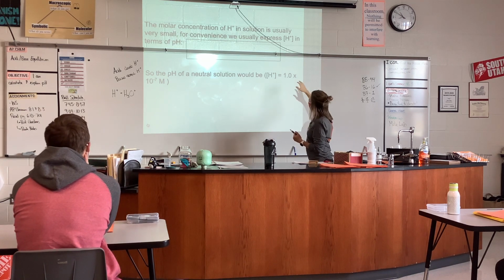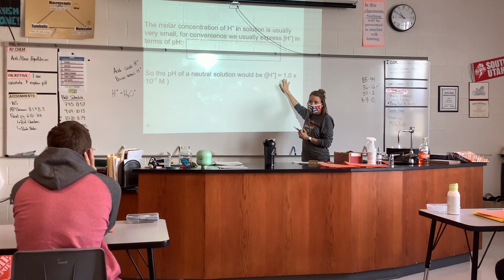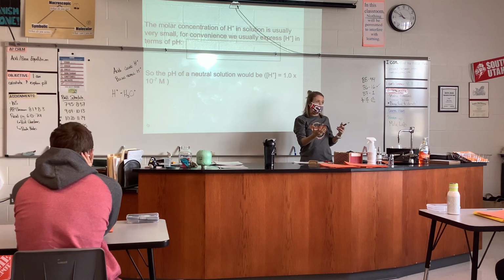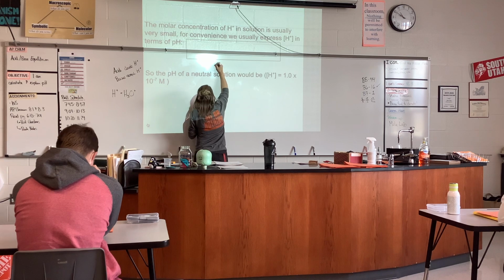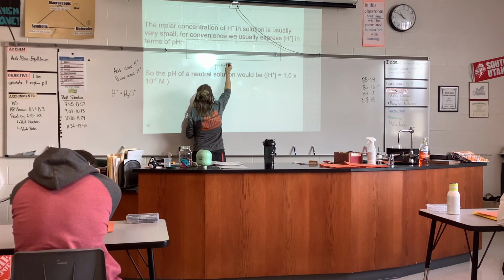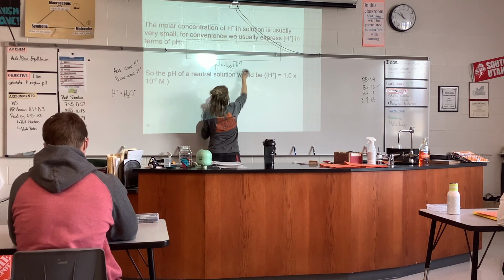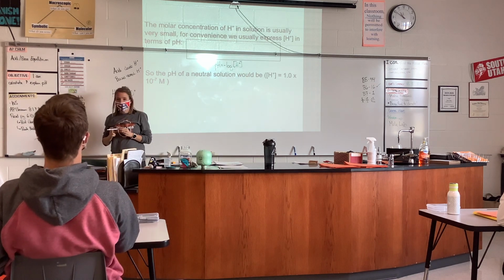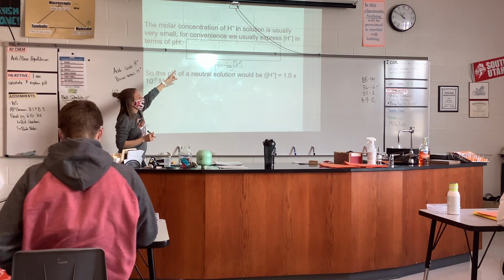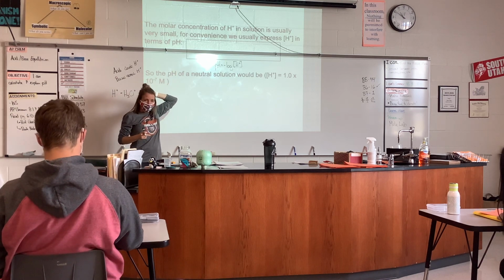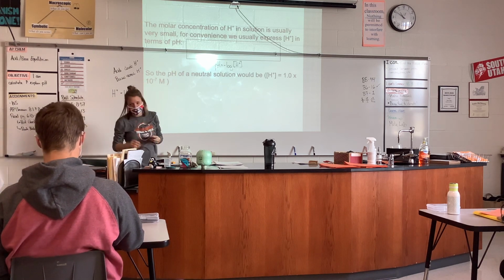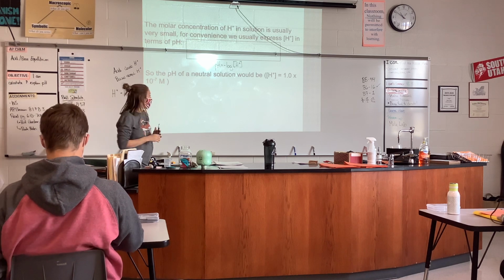Primarily, it takes things out of concentration and into just a number. So to find pH, and this is on your formula sheet, pH equals the negative log of the H plus concentration. Does that go in the box? Yeah. Okay, put that in your box, sorry. It's that slide, it's off my board a little bit.